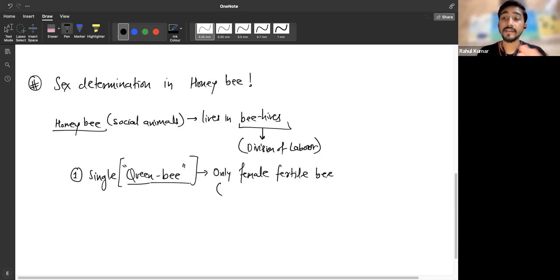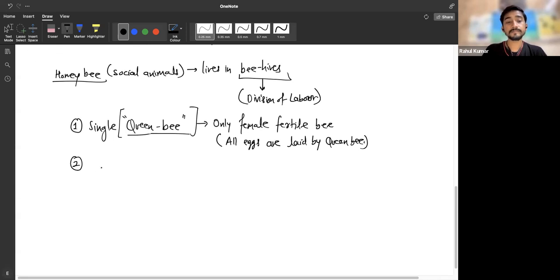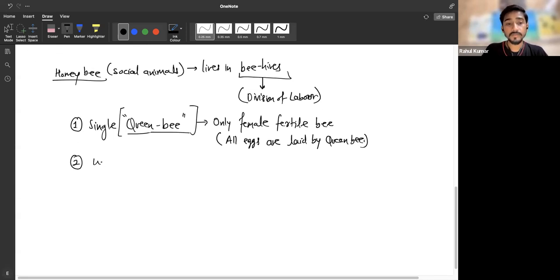All eggs in the beehive are laid by the queen bee. She is the only female which is capable of reproduction. Is it clear? Apart from a queen bee, there are worker bees. Do you know worker bees?